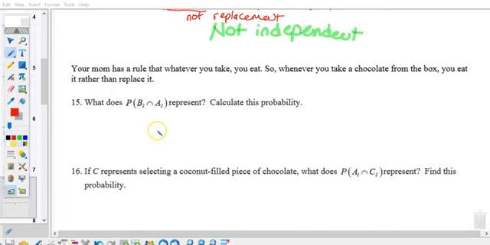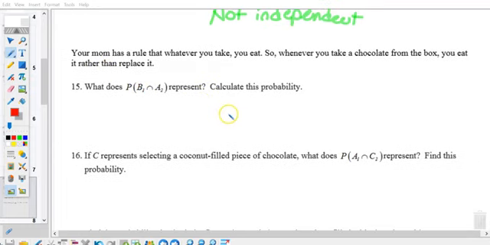So your mom has a rule that whatever you take, you eat. So whenever you take the chocolate from the box, you eat it rather than replace it. What does B1 and A2 represent? All right, well, wait. A was fudge and B was caramel. Okay, caramel.